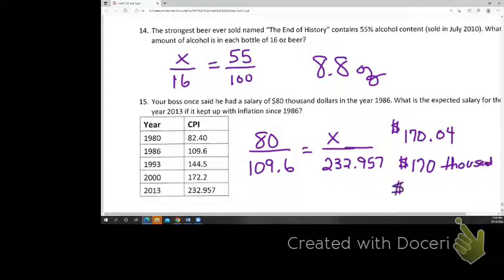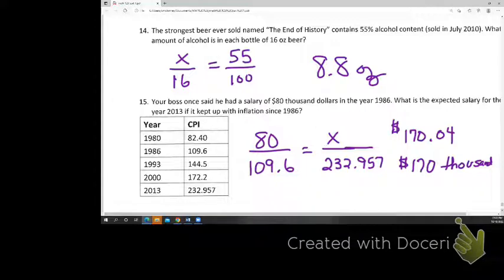Or if that comma was a dot, that would be $170 and zero. So be sure we don't have to put the 1,000 in the formula.